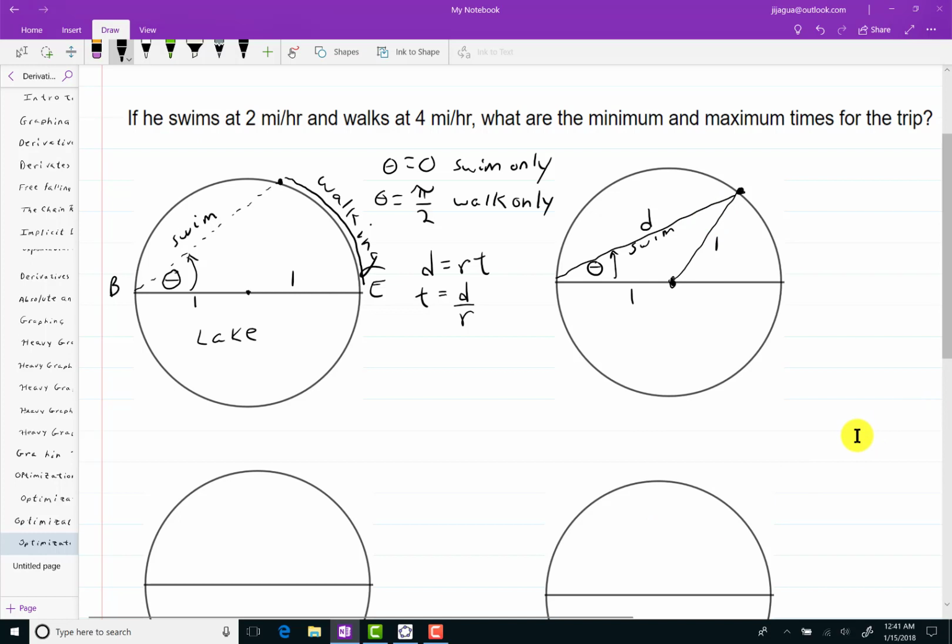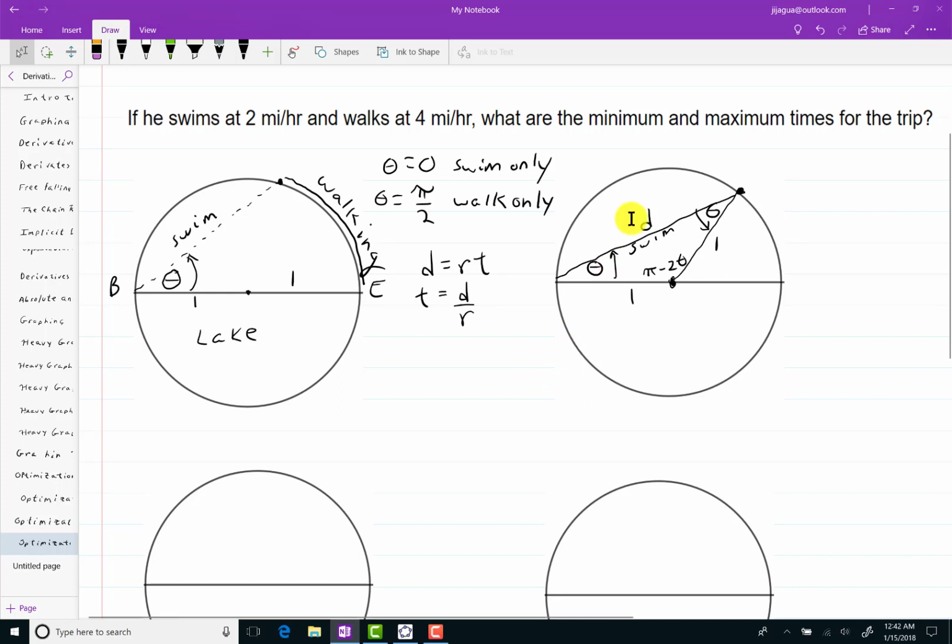So I'll put it up here also. And then what do we have left? Well, the angles add up to pi inside of there, and I take away 2 theta, and the angle that's left in here is pi minus 2 theta.